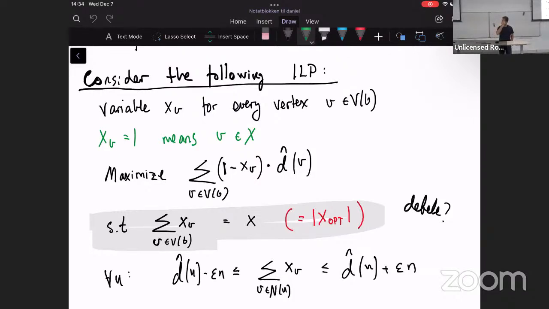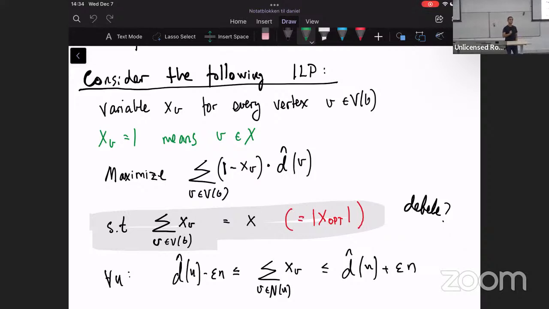Then what we observed afterwards was that if you pick a sample of size about log n, or log n over epsilon squared vertices, and then for every vertex you look at how many of the sample vertices are in the neighborhood of this vertex, then we can use that to estimate how many neighbors each vertex has in the optimum solution.